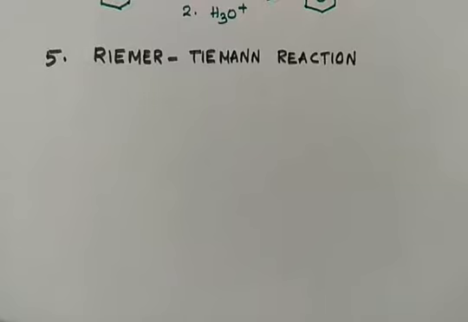Reimer-Tiemann reaction. In the Reimer-Tiemann reaction, phenol reacts with chloroform in the presence of aqueous alkali followed by hydrolysis and gives salicylaldehyde.